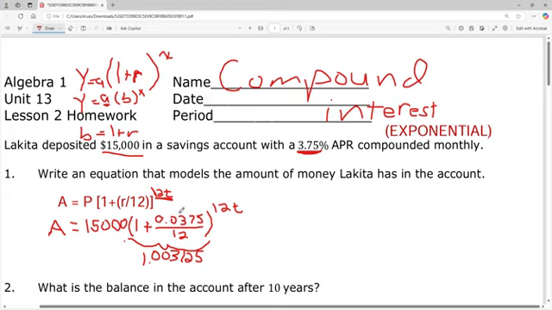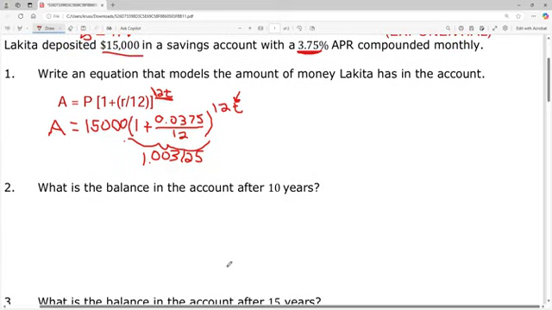Because of that number, and this is just the number of months, presuming that they give me 10 years. You got to figure out how many months that is, time in years. Okay, so what's the balance after 10 years? So we're just going to take this thing, A equals 15,000 times 1.003125.